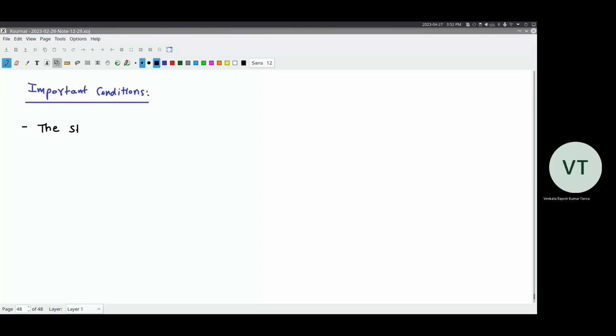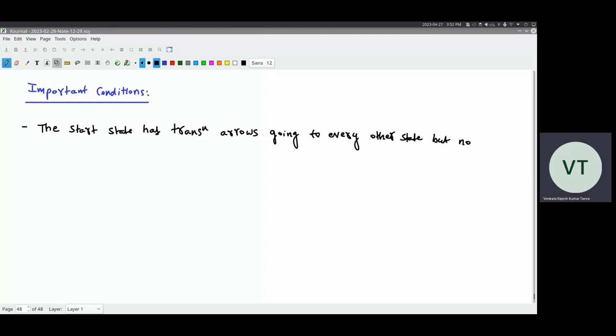First, the start state has transition arrows going to every other state, but no arrows coming in from any other state.